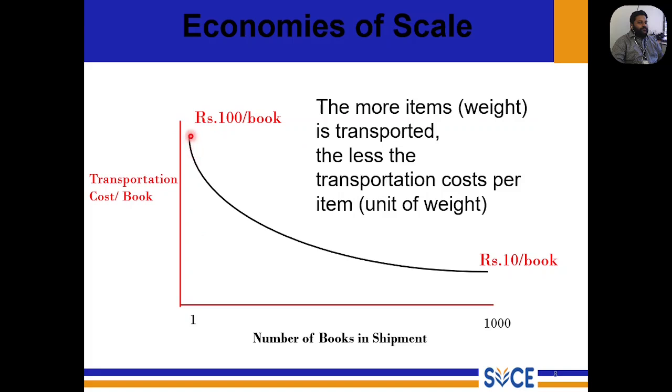If you transport nearly 1,000 books, the cost is going to decrease by nearly 90%. Your cost is reduced because you are transporting more products. This is a simple example to understand why the more items you transport, the less the transportation cost per item.